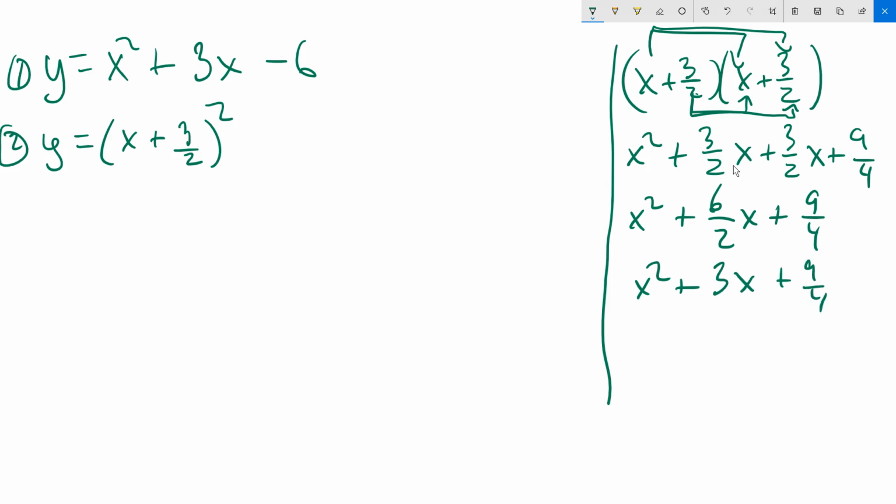Again, do you see that, in the side work here, I'm going to label those steps A, B, C, and D. At step D, I have x squared. Back at step 1, I have x squared. At step D, I have 3x. Back at step 1, I have 3x. But now at step D, I have an extra positive 9/4. That extra positive 9/4 at step 1 is not present.